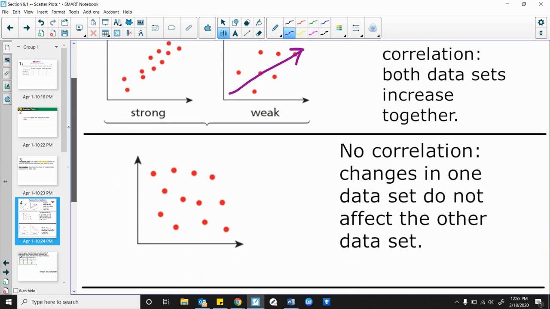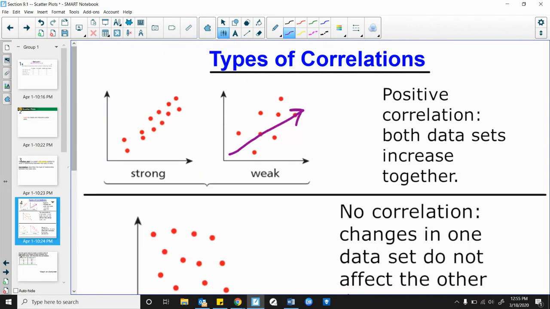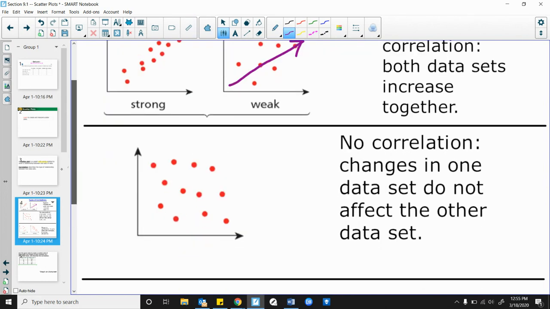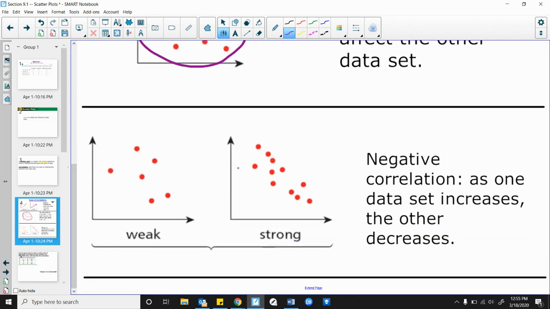All right, next I have no correlation, and no correlation is pretty simple. There's no pattern. They are just a bunch of random points graphed on this graph. And then the last one I have here is a negative correlation. Again, you can see weak and strong.